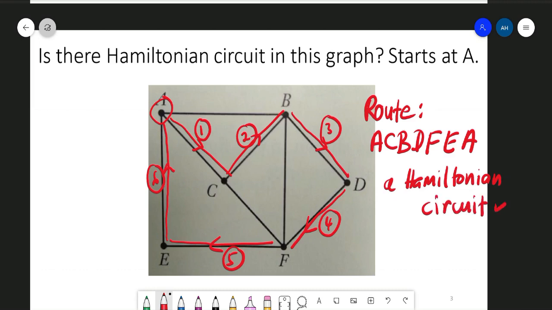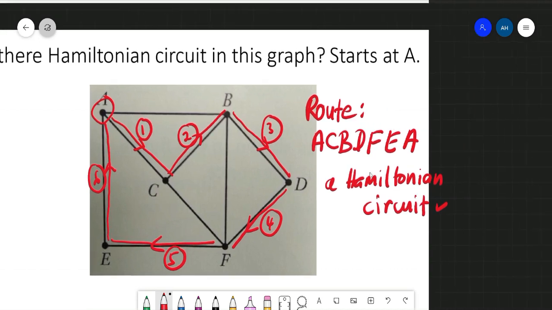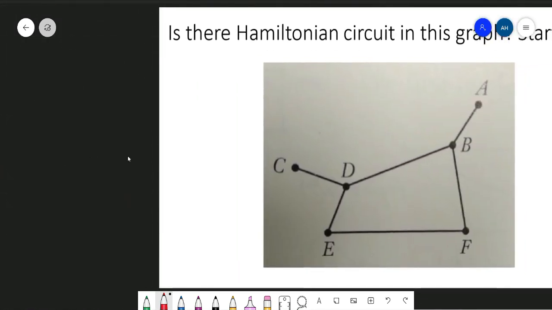Yes, this graph has a Hamiltonian circuit. Where is it? This is the route ACB, DF, EA. Okay, now let's see another example.